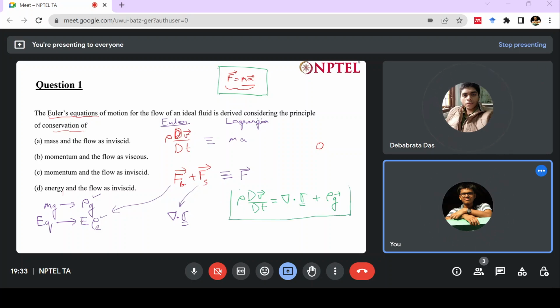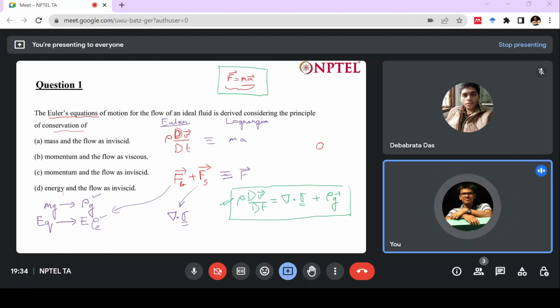Yes, sir. So how many equations is this? This is actually a three-dimensional equation. If you can see, each term is actually a vector. For example, the gravity term is very clear: it is rho into g. So this is basically three equations: gx, gy, and gz. The same thing holds for each and every term. You will see this is actually three equations. So when we are talking about this kind of equation, we will use the plural, because these are three equations.